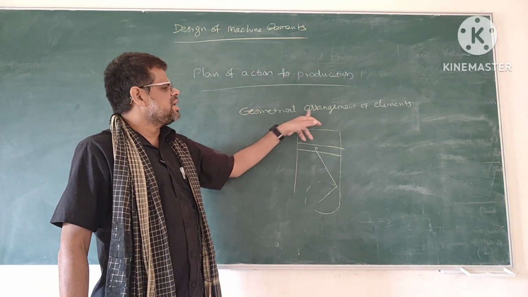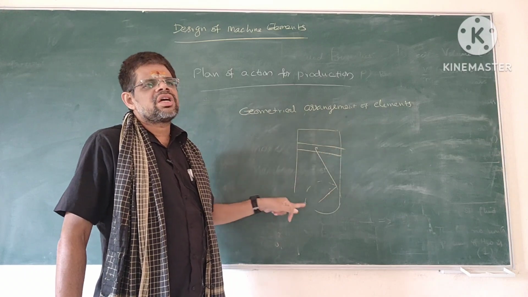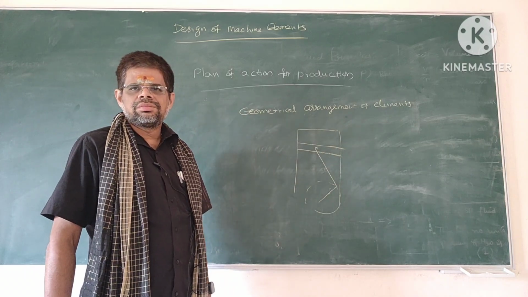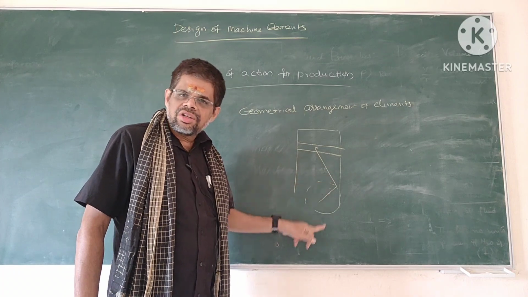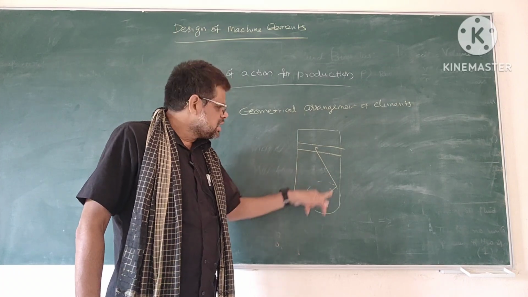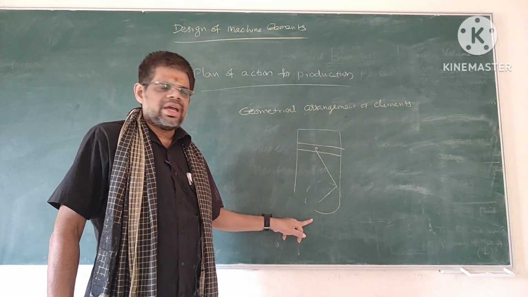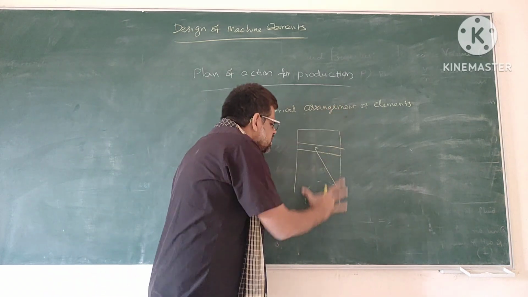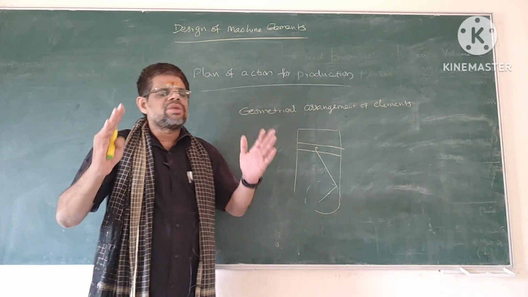Geometrical arrangement means how these components are to be connected. Here the piston has to be connected to the connecting rod, not to the crank, and this connecting rod has to be connected to the crank, and this entire setup must be placed inside the hole of the cylinder. So this is the geometrical arrangement.